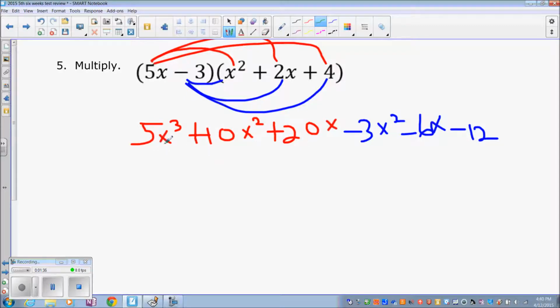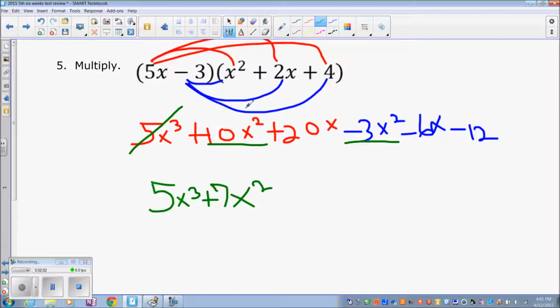And 5x to the third does not combine with anything, so I'm just going to bring it right down. 5x to the third. And I like to mark them off when I'm done with it. That way I'm not looking at so much. Now I have a 10x squared and a negative 3x squared. So 10 minus 3 is going to be a positive 7x squared.